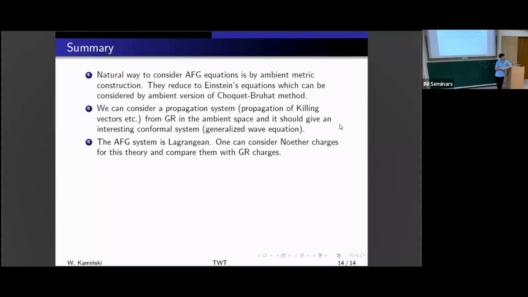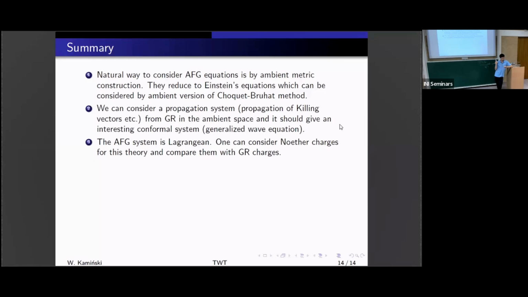For example, if one wants to compute the symplectic form, it turned out that for the non-zero cosmological constant, the symplectic potential that one obtains from the standard Lagrangian for Fefferman-Graham, this non-conformal Lagrangian, is proportional to the symplectic form for gravity.